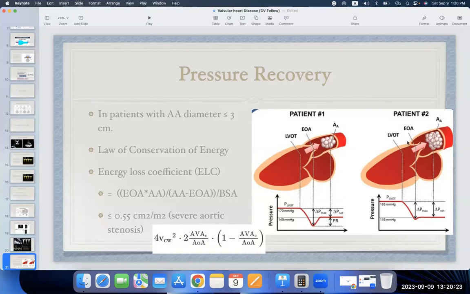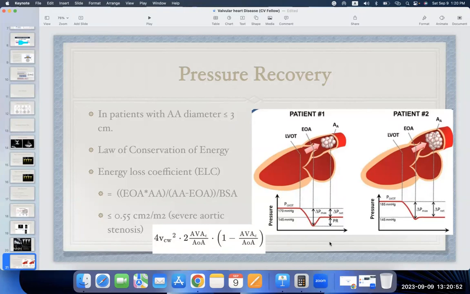In a patient with a normal or large aorta, there will usually be a lot of turbulence, so most of the velocity loss energy will change into heat. So the pressure will stay the same across the aortic valve and across the ascending aorta.